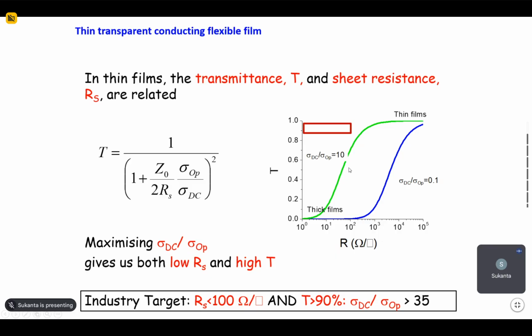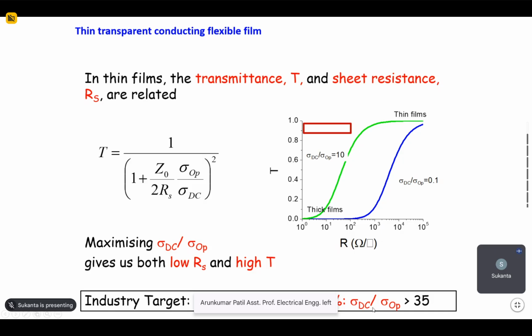And what we need is this region, that is low surface resistance, high transparency. For industrial purposes, mostly the target is more than 90% transmittance, but less than 100 ohm per square surface resistance.